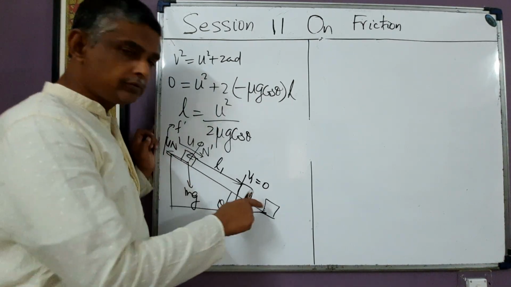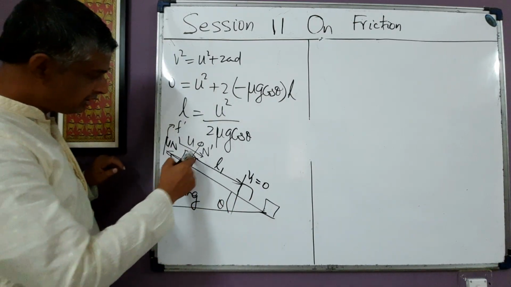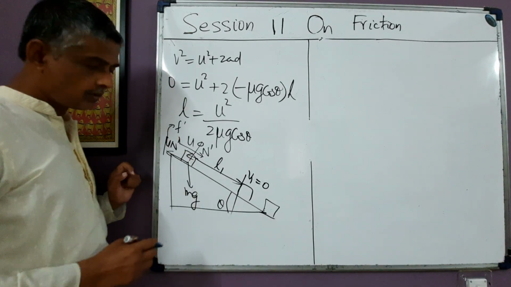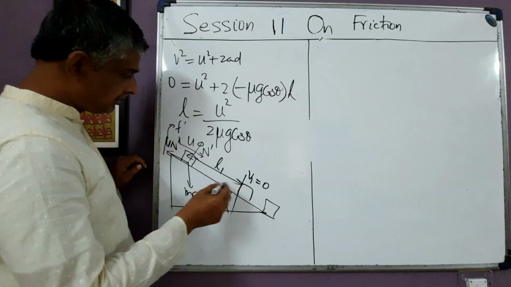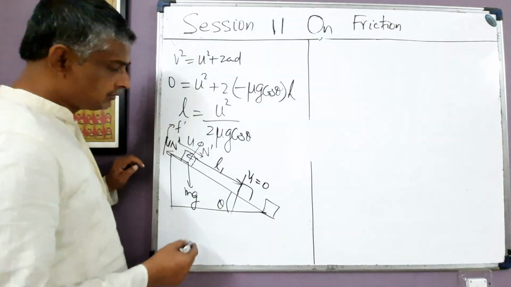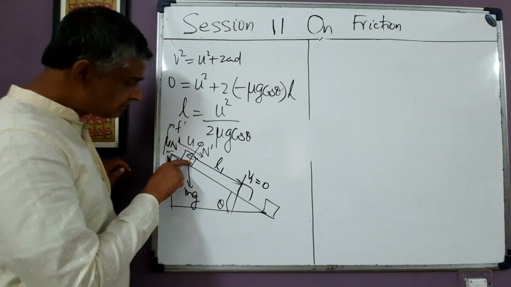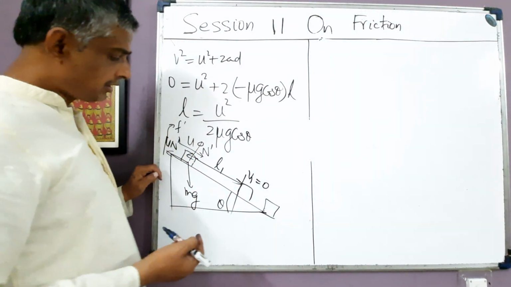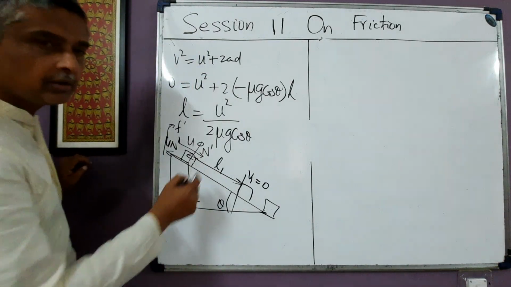While it is moving downward, at some instant I draw its free body here: mg, N dash and mu N dash. Now in this case, it is decelerated, so let a1 be its deceleration. So while it is moving down the inclined plane, it is accelerating in the upward direction. That is, its deceleration is in the upward direction. So let the deceleration be a1.